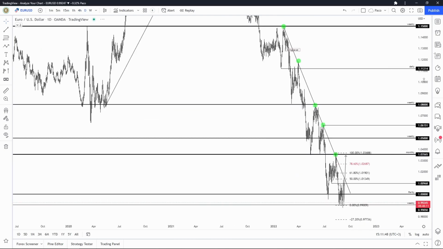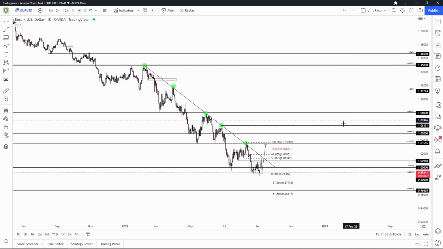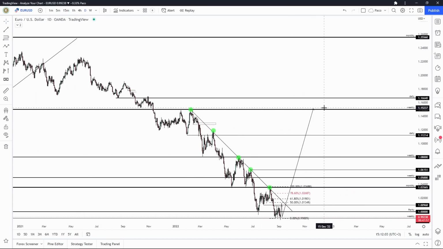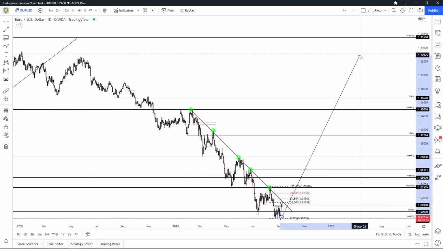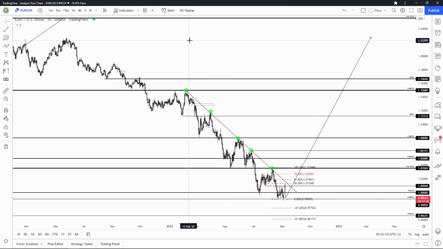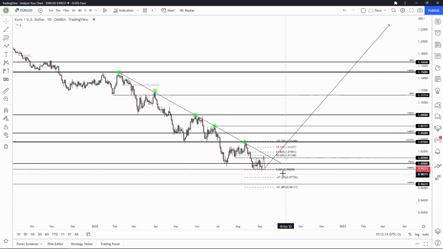This is going to be long term, and we are looking for something like this. Probably the price goes to these highs over here. This is not going to be a short amount of time. Probably it's going to happen over a year and a half. But these are our expectations.